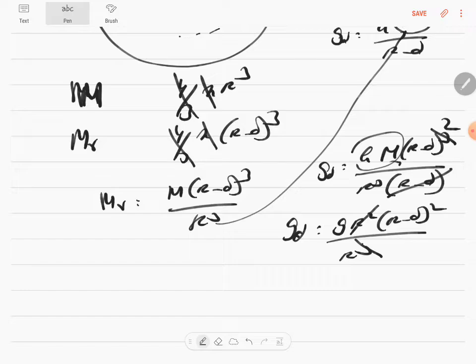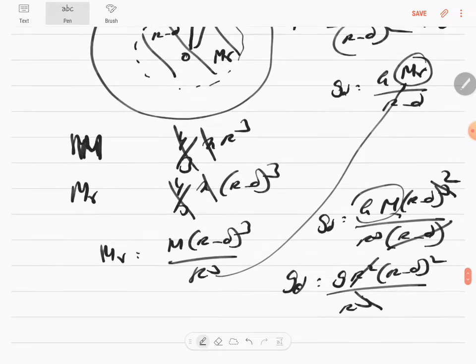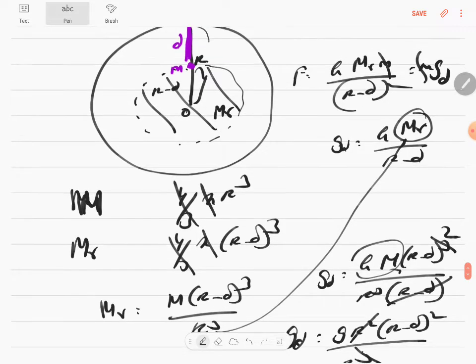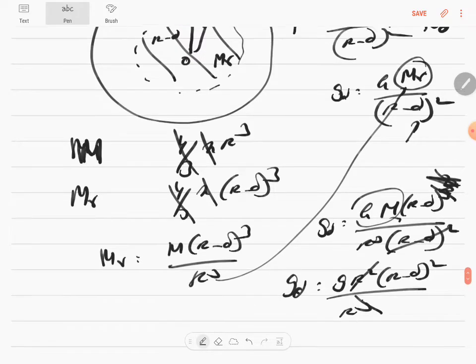So you get a formula. This is r minus d, I made a mistake somewhere. It should be the whole square, correct? So whole square now, this will become r minus d only when you cancel, correct?